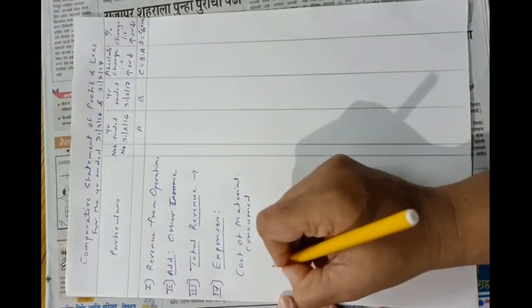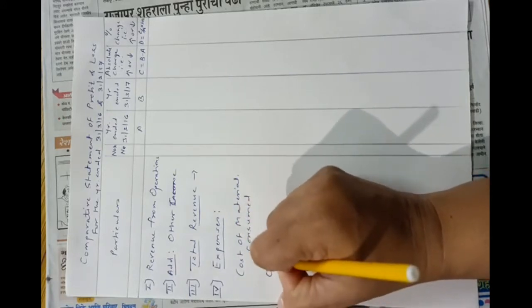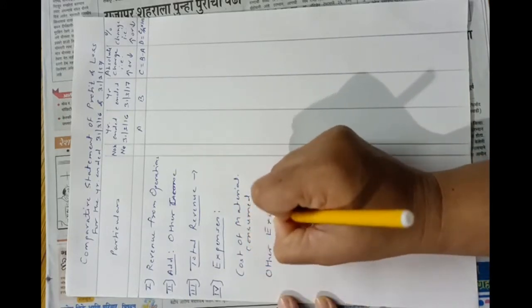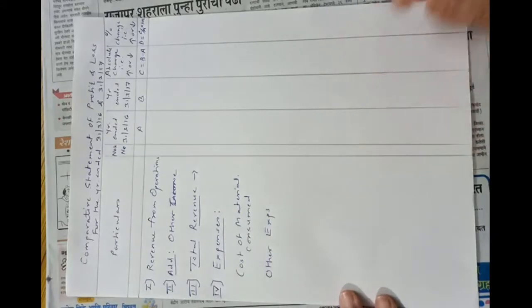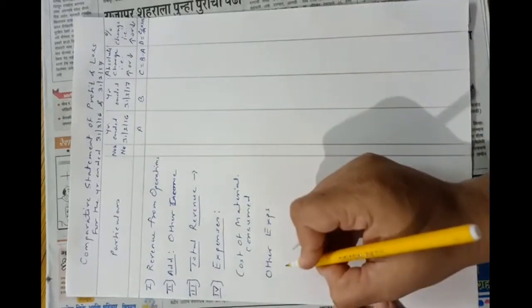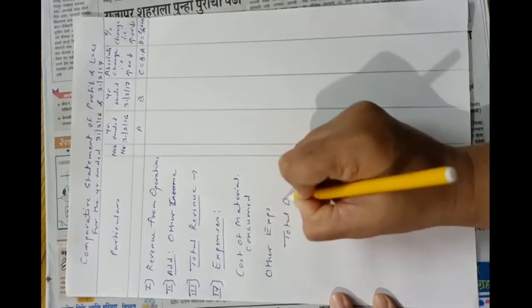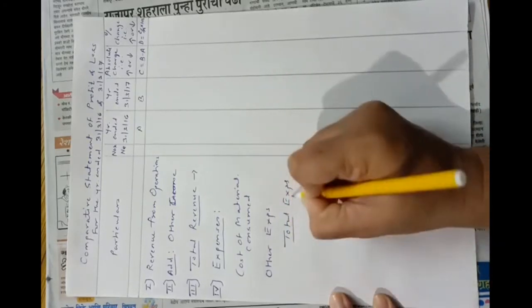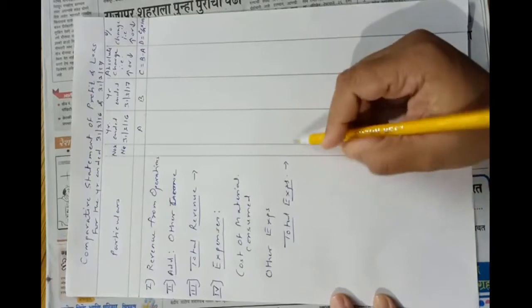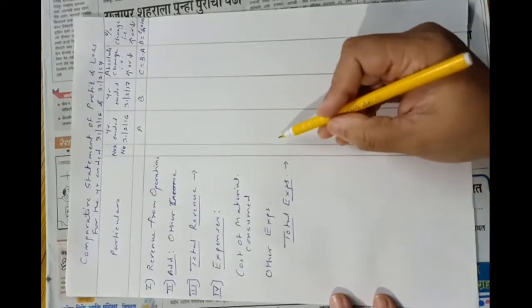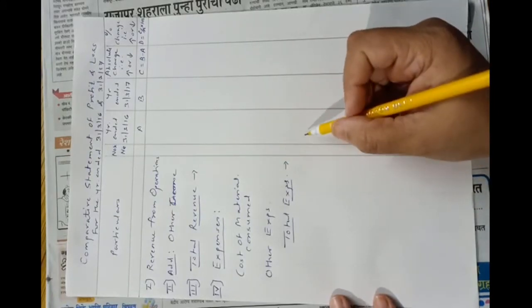Now total expenses. Here we will make the total of cost of material consumed and other expenses, total expenses.